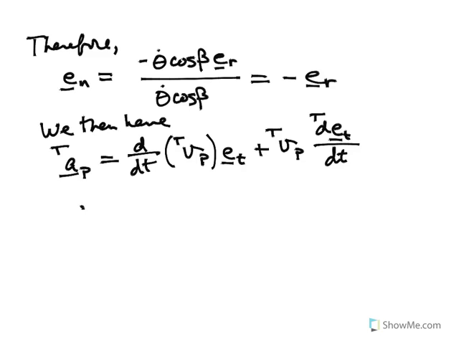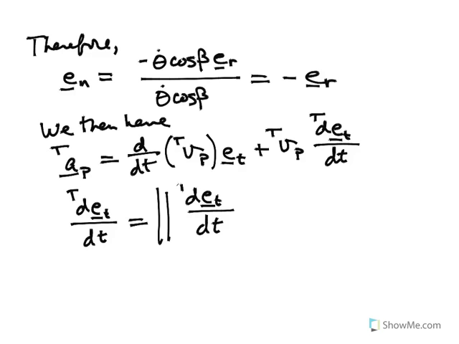But now, the rate of change of the tangent vector is equal to its magnitude times En, and its magnitude is theta dot times the cosine of beta. Sorry, it was theta dot times the cosine of beta times En, because we're writing everything in intrinsic coordinates.